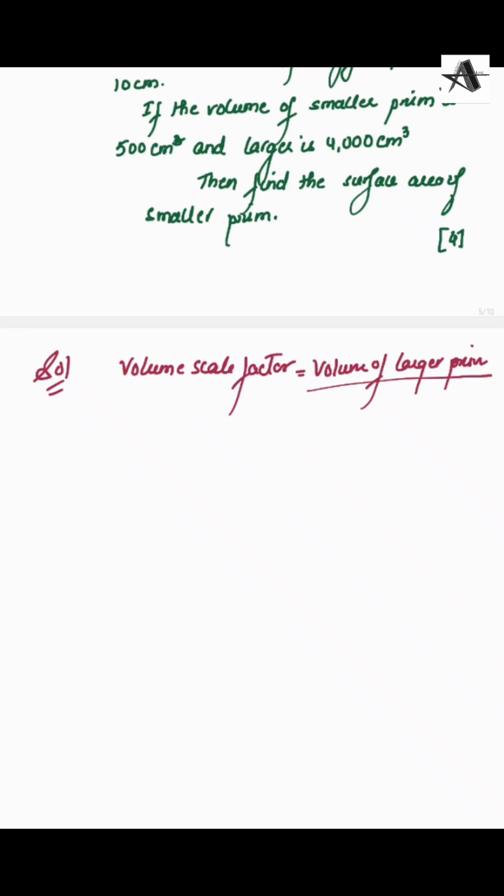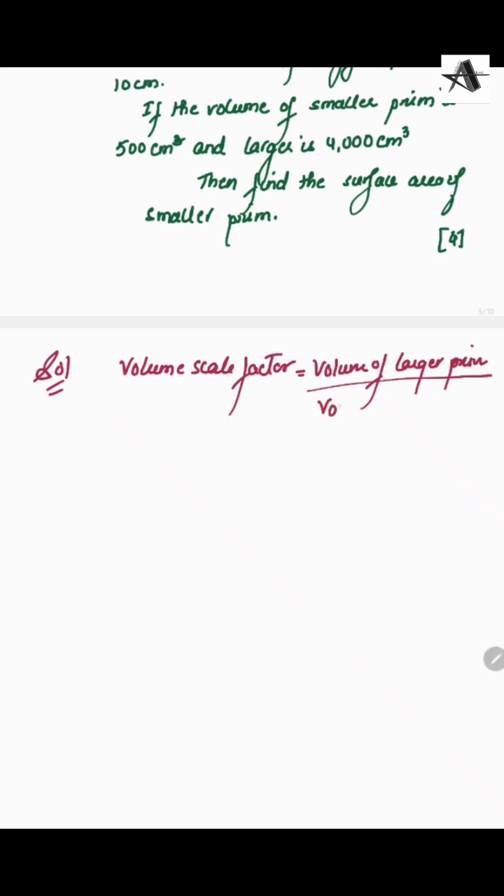You can make any order, putting bigger in numerator or in denominator as well. But whatever you have selected for one, the same will go with the other. That means if volume scale factor is volume of larger prism over volume of smaller prism, then length scale factor will be length of larger over length of smaller. Area scale factor will be area of larger over area of smaller.